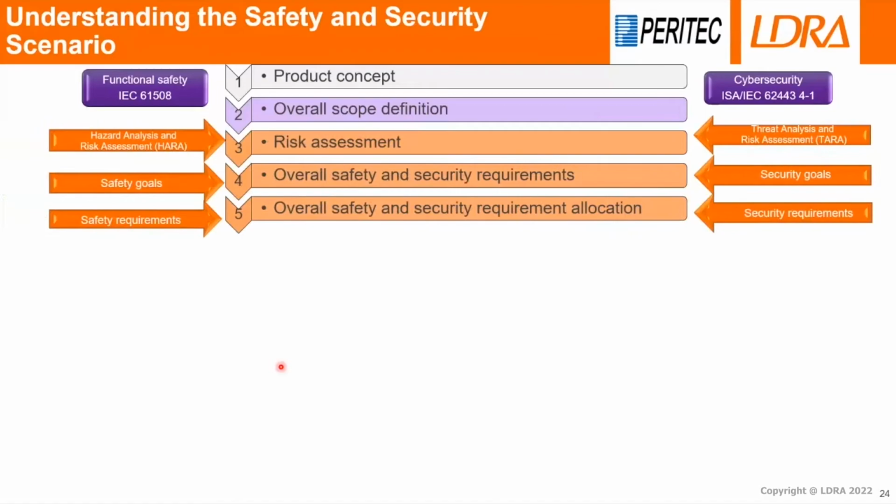So once the product concept is defined and the scope is available to us, we can start the safety and security activities. So the safety activity includes performing a hazard analysis and risk assessment to ensure that all the operating conditions and operational scenarios are identified, and we are able to list out the risks, and we are able to prioritize which risk is having more problem.